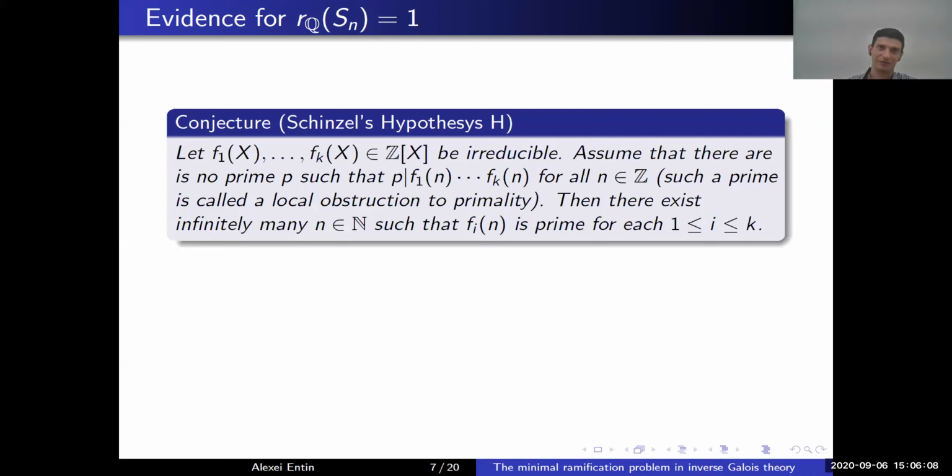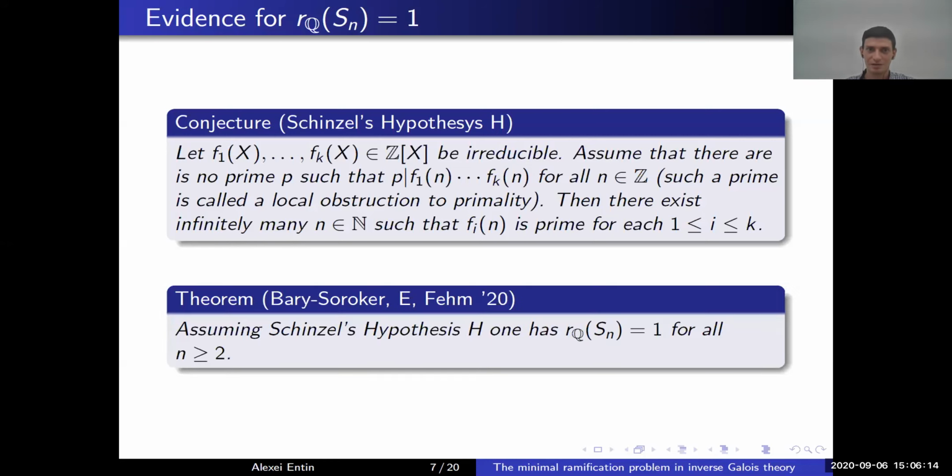Also a very famous and difficult conjecture in classical number theory. And assuming this conjecture, we can show that indeed R_Q of S_n equals 1. And since this conjecture is widely believed, this gives evidence for the Boston-Markin conjecture in this case.